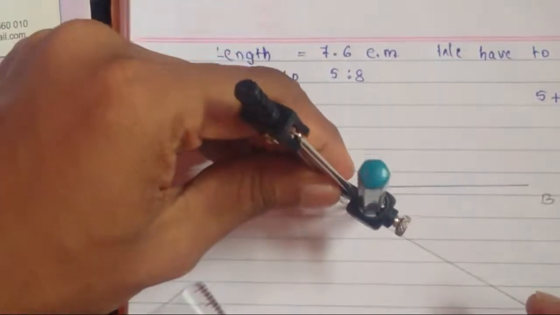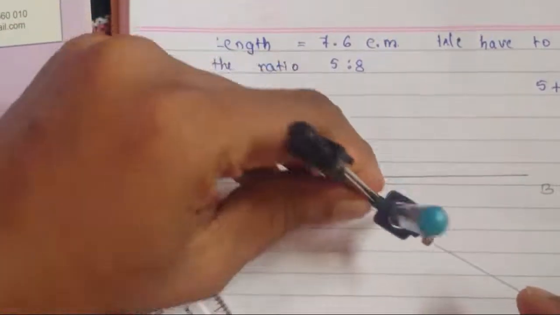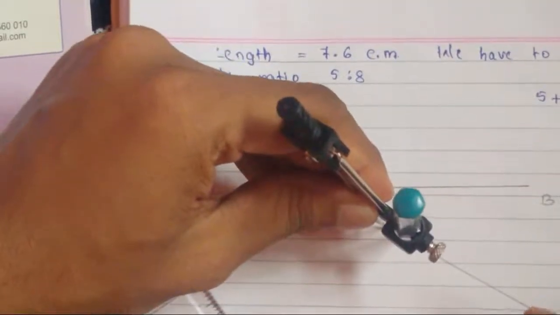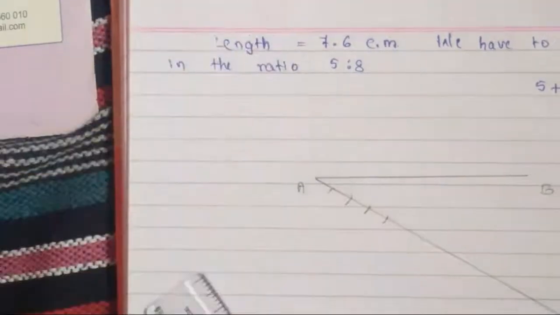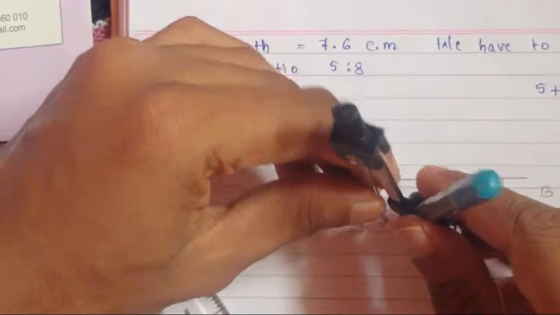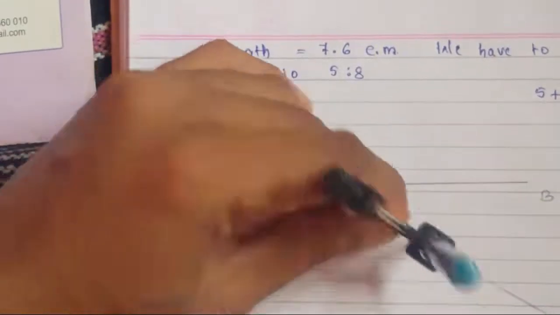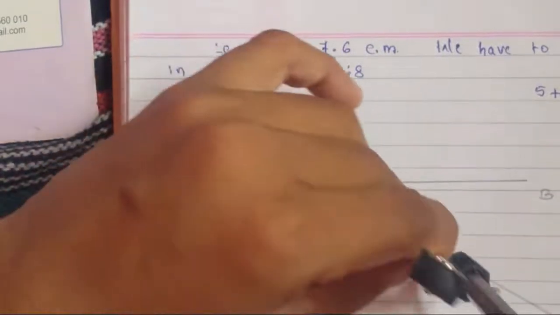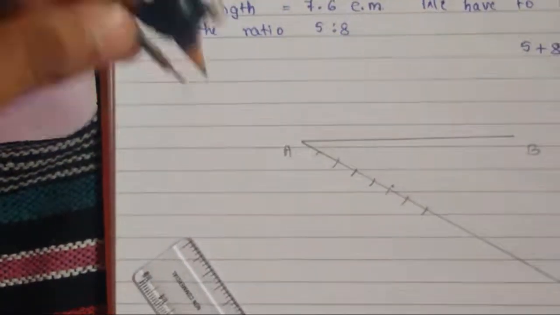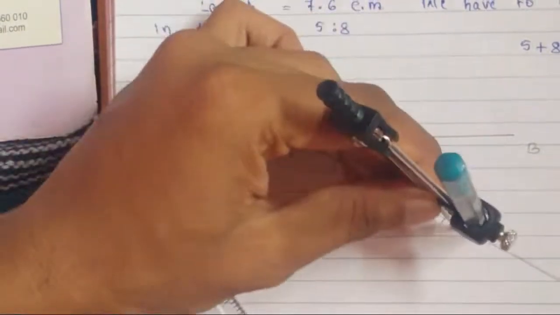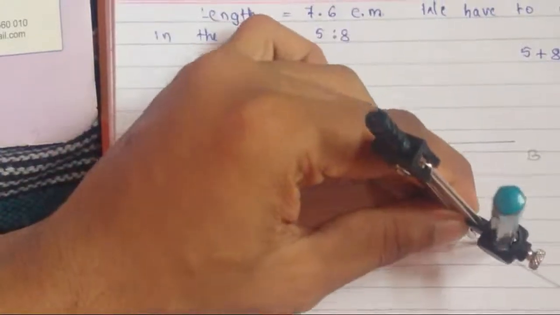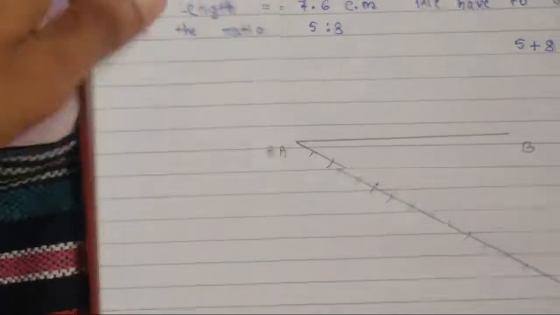First, second, third, fourth, then see here 4 points over, then fifth, sixth, seventh, see here 7 points over, then 8, 9, 10, 11, 12, 13. Now 13 points got over.